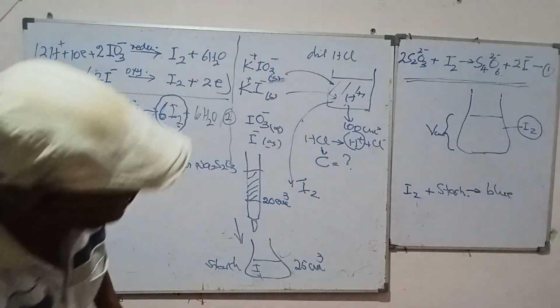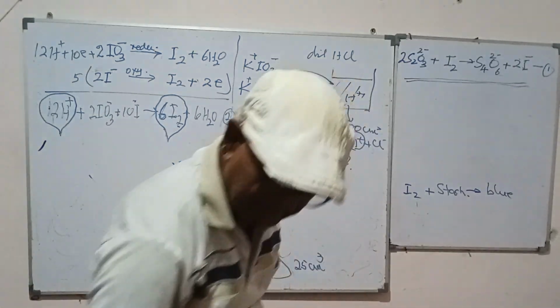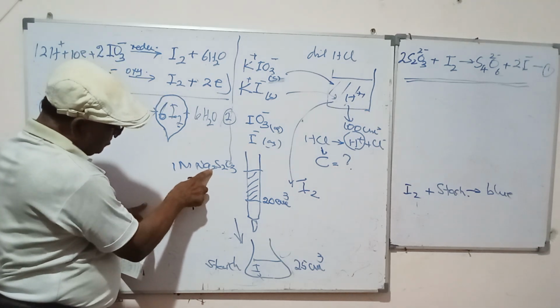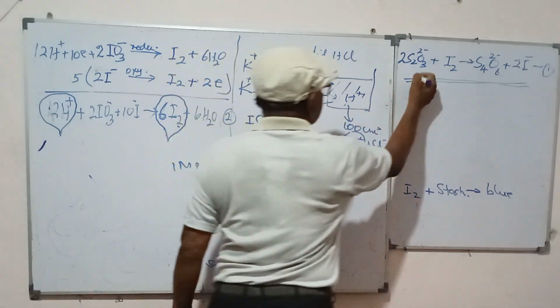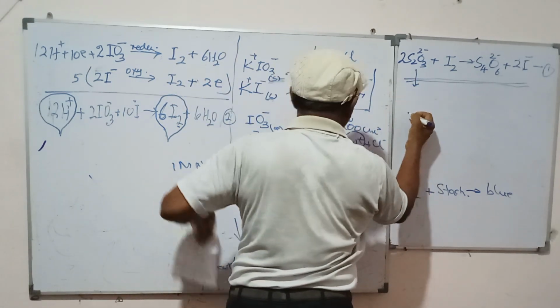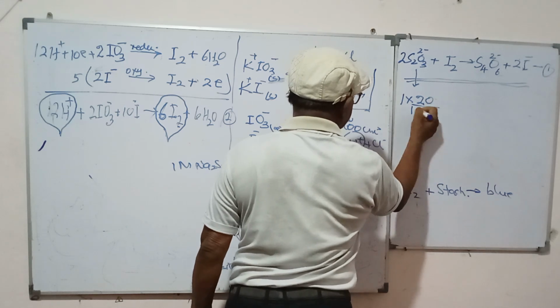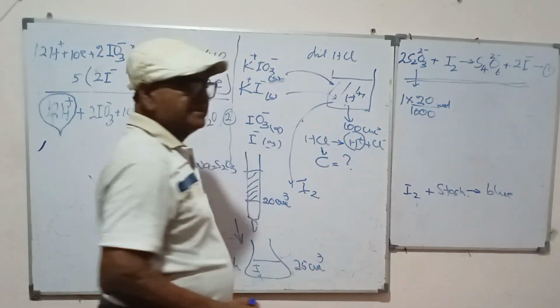Now we can calculate the number of moles of thiosulfate used here. Concentration is 1 into volume 20 divided by 1000. This is the number of moles of thiosulfate.